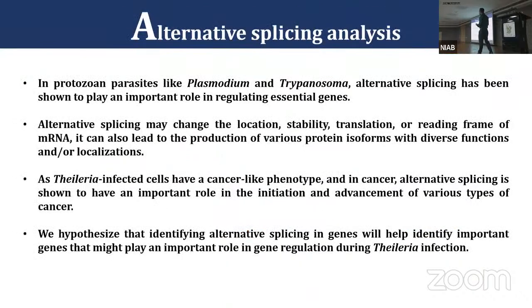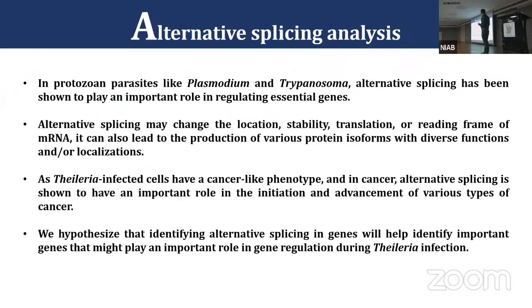Next, we proceeded to alternative splicing analysis, because alternative splicing has been shown to be involved in cancer. It can lead to defective protein formation and isoform production, and then to various progressions of cancer.